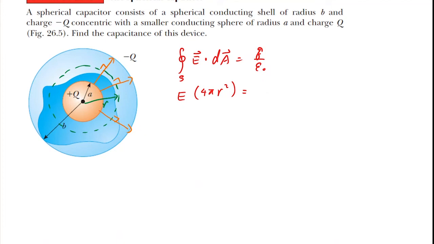Let me convert it to 4 pi k capital Q. I'm still using the relationship 1 over epsilon is equal to 4 pi k. Then divide, so my electric field is exactly the same as a point charge. 4 pi is cancelled, so we have kQ over r squared.